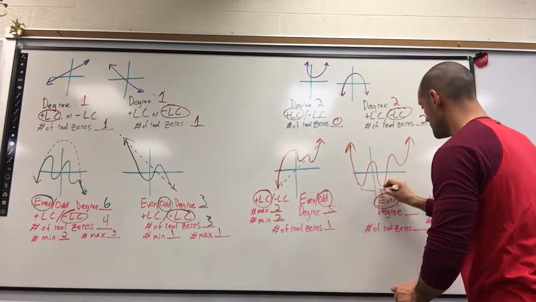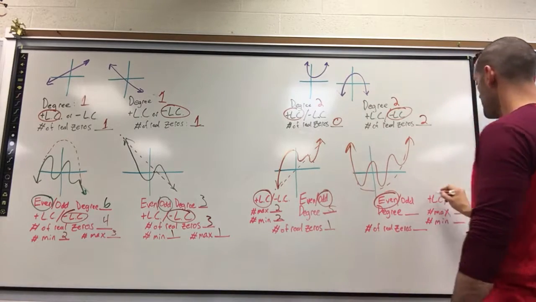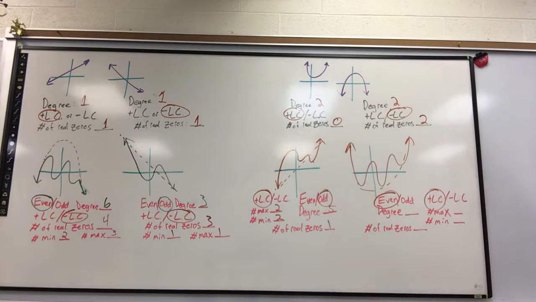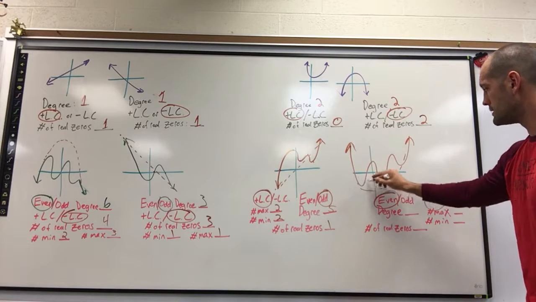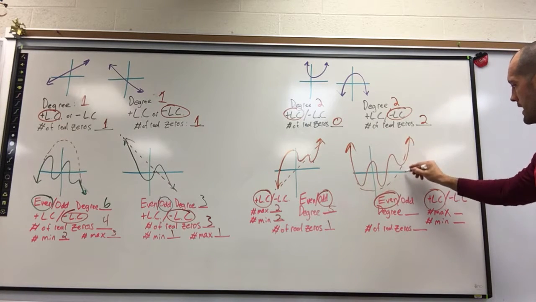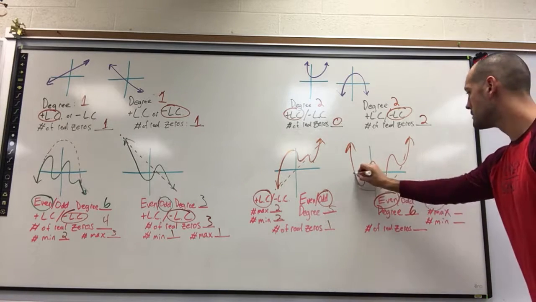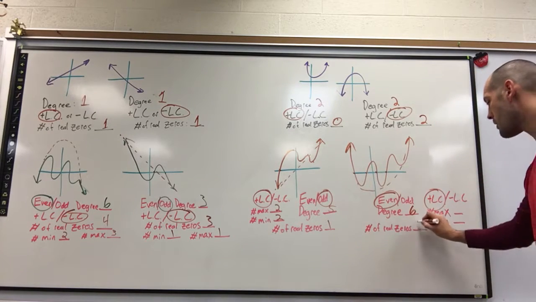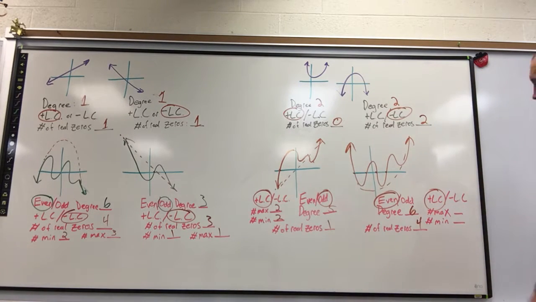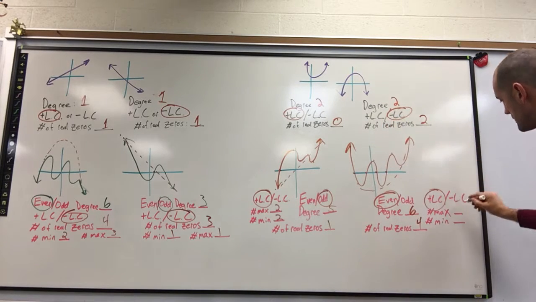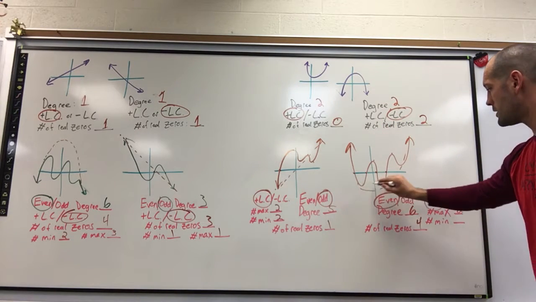It's opening technically up. Positive lead coefficient. Degree. 1, 2, 3, 4, 5, 6. Number of real zeros. 4. Number of max. 1, 2. Number of min. 1, 2, 3.